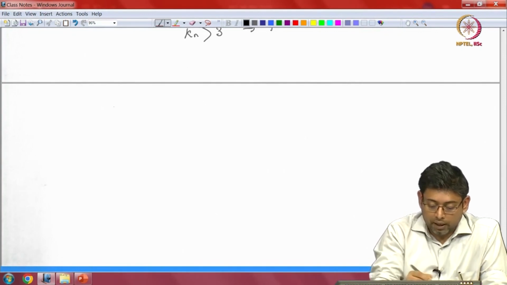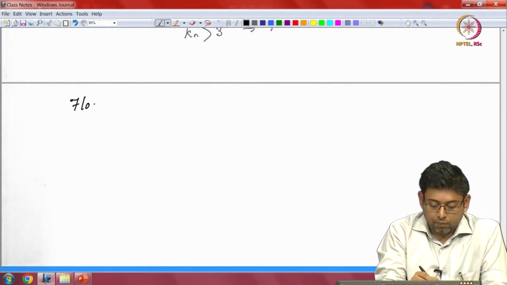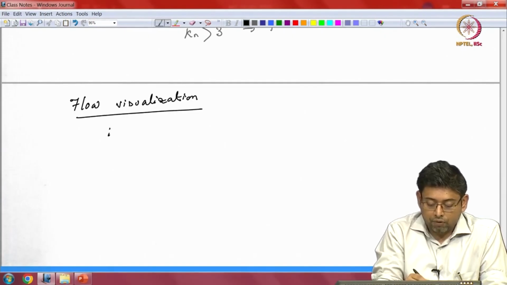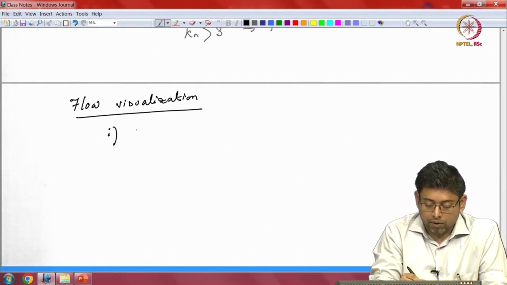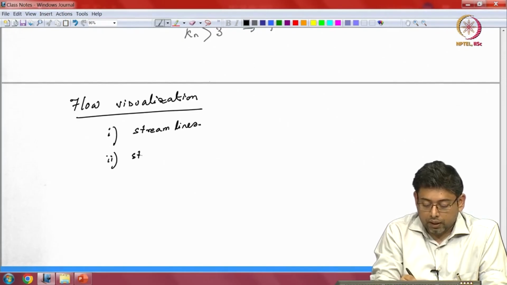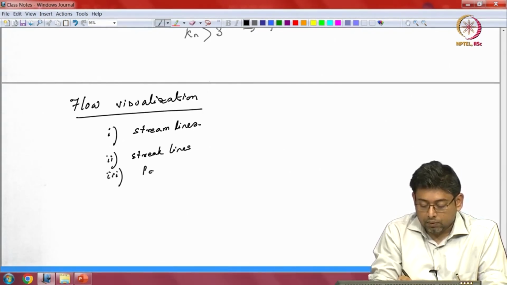So, in flow visualization, these three lines are often referred to, the first being the streamline and possibly one of the most important ones, the second being a streak line, and the third being path lines.